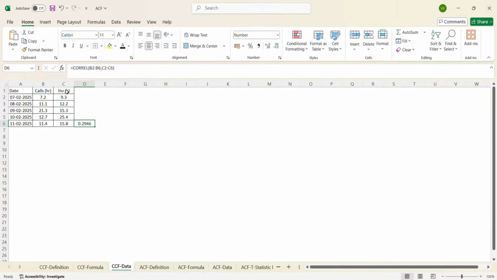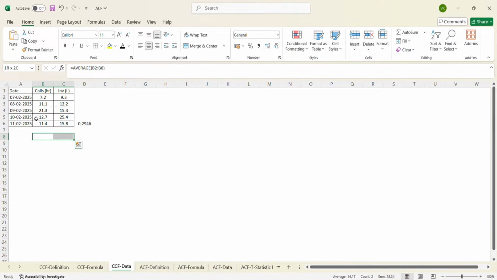If we do it for the same time period, we call it correlation. However, if we do it for a different time period, then we call it cross correlation. So we need to understand cross correlation with a lag of 1 and 2. So that means if we give a demo today, the invoice is getting booked tomorrow or the day after tomorrow. So at max we can keep 2 days. So that's what we call lag.